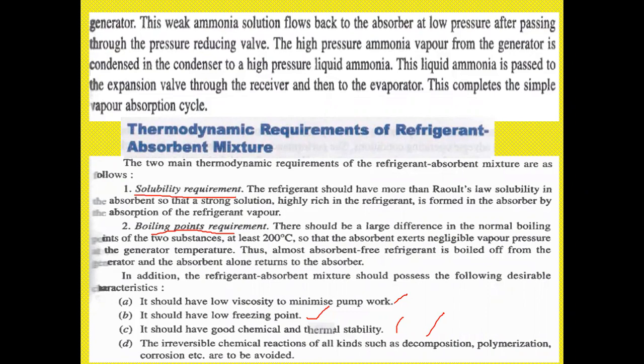So these are the main properties: one is low viscosity, next you have to maintain a low freezing point, and you have to go for good chemical and thermal stability.